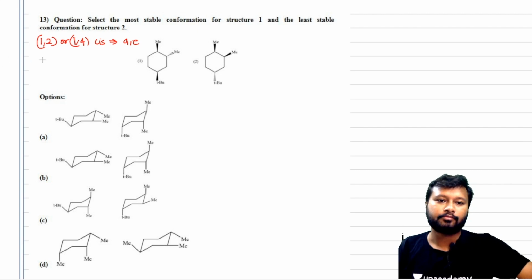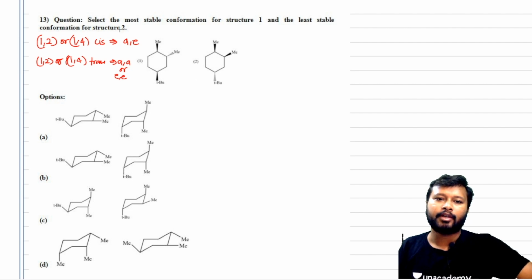Then if you have 1,2 substitution or 1,4 substitution, first and fourth position substitution, and if they are trans, in that case they can be either axial or equatorial. They can be anything, either axial or equatorial. Now for 1,3 the rule reverses.